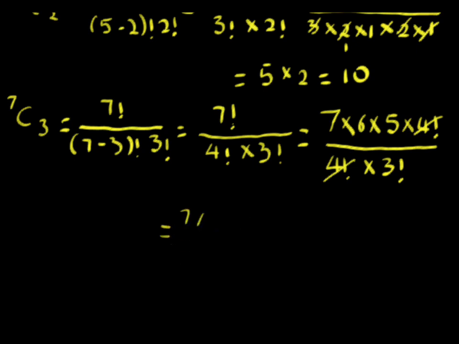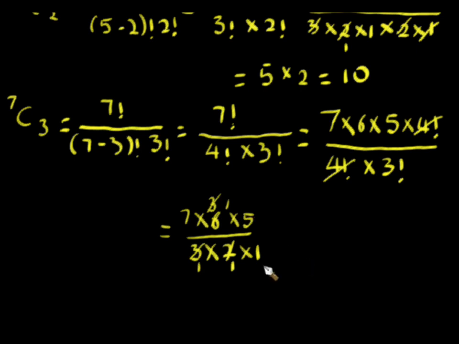So this gives us 7 times 6 times 5, divided by 3 factorial, which is 3 times 2 times 1. So in the end, 2 into 6 gives us 3, and 3 into 3 gives us 1.